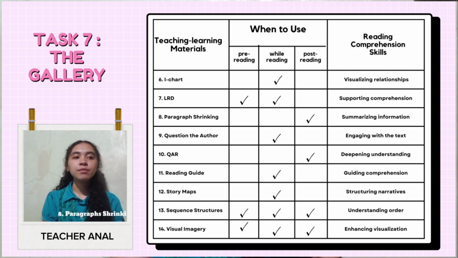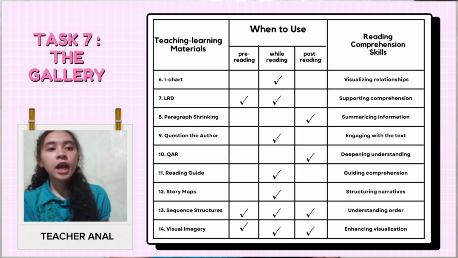Number 8, paragraph spinning. When to use: while reading. Reading comprehension skill: summarizing information. This technique encourages students to condense paragraphs into the main ideas, which helps them focus on essential information and improve retention.